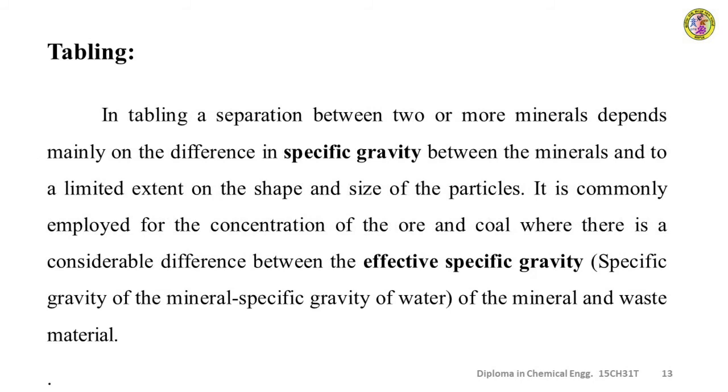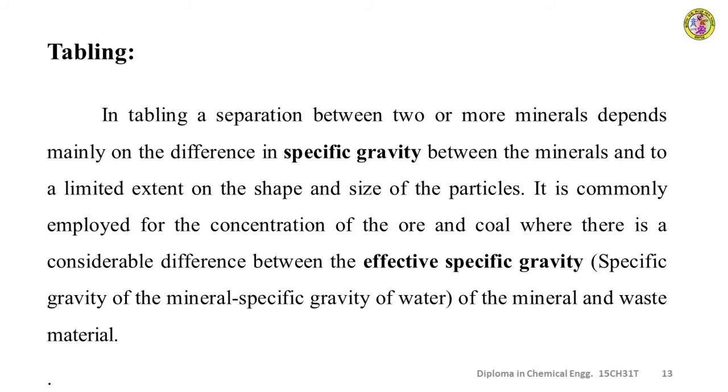In tabling, the separation between two or more minerals depends mainly on the difference in specific gravity between the minerals and, to a limited extent, on the shape and size of the particles. So basically, the specific gravity is the one which separates the particles in a tabling operation, and to some extent the size and shape also play an important role.